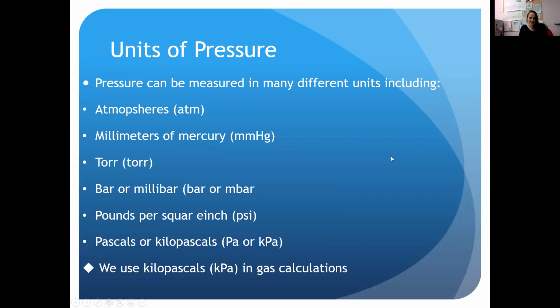I feel like that's used to measure things like tire pressure and stuff like that, though sometimes millimeters of mercury is used as well. Pascals and kilopascals can also be used. A lot of the time in our gas calculations, we will use kilopascals, though atmospheres can also be used in some of them. So those are the two big ones that we'll be using, atmospheres and kilopascals.